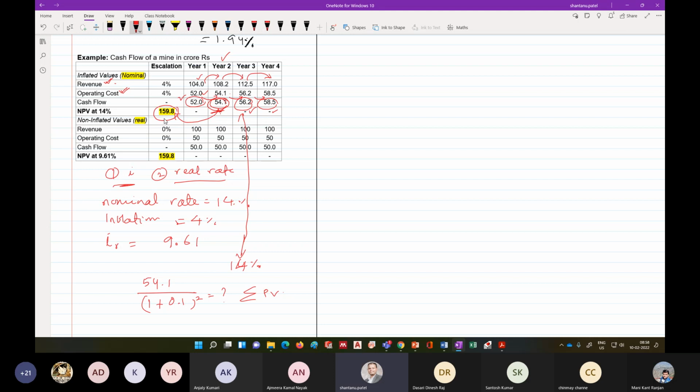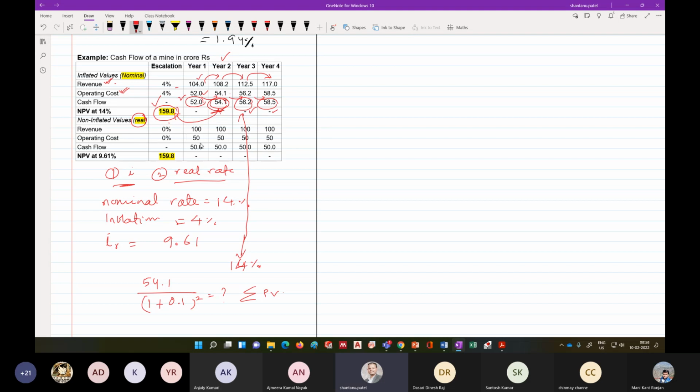Just to repeat, we are adding the inflation in our revenue and operating cost, and calculating the NPV, the net present value. In the second case, we ignore the inflation and calculate in terms of our real rate of interest.